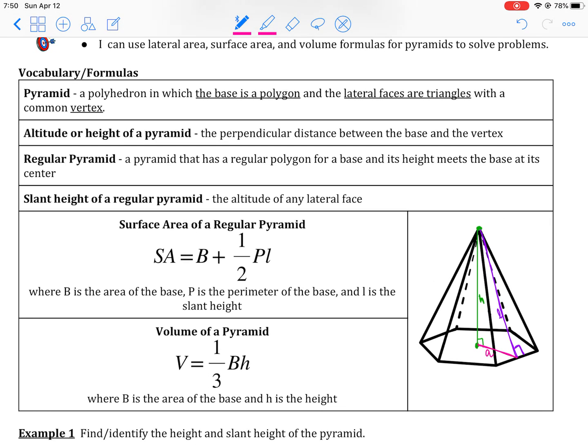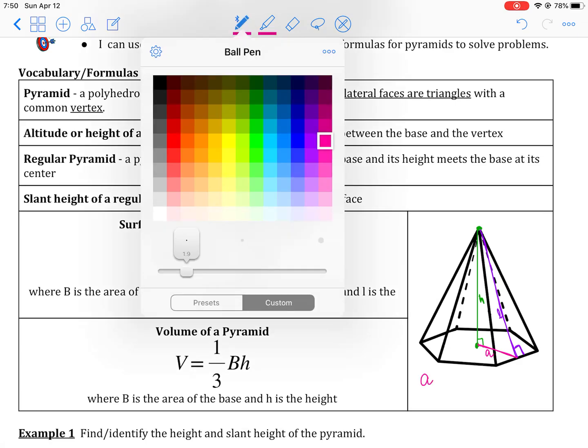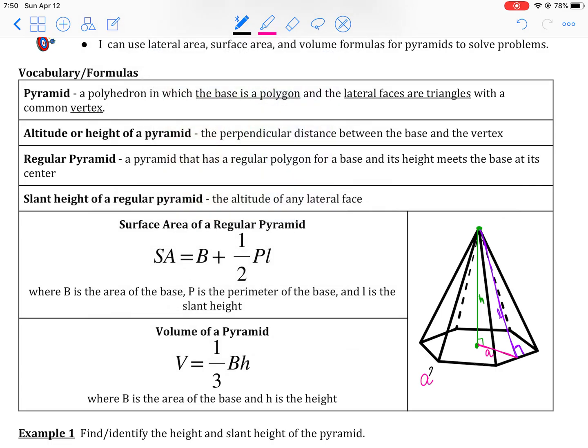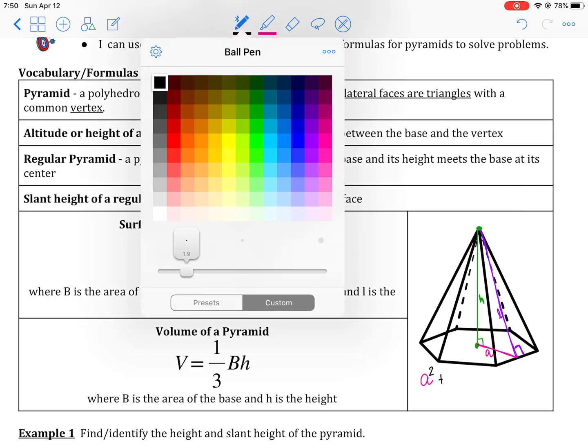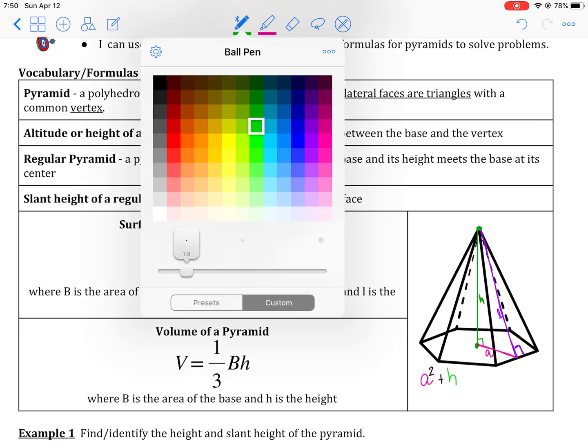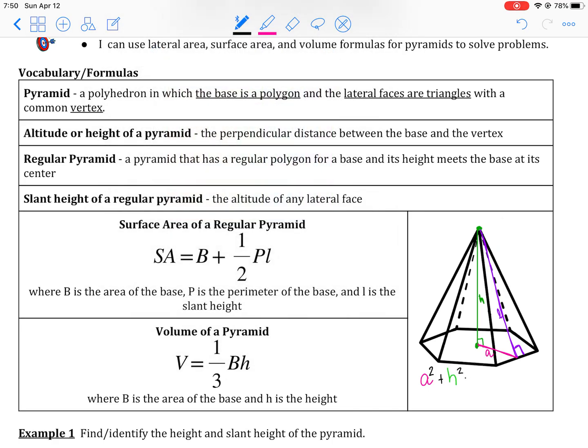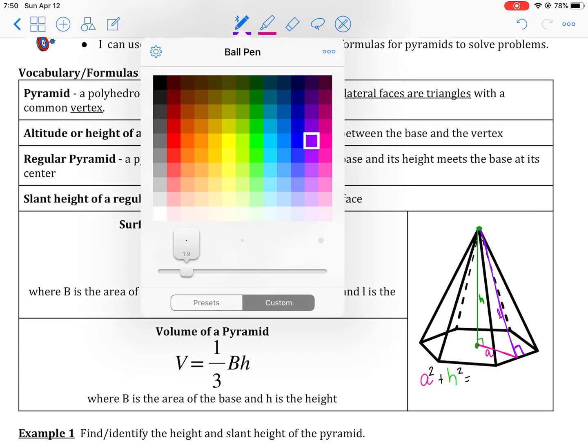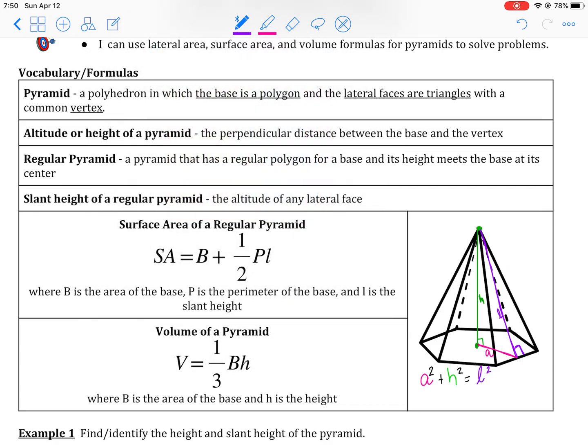One Pythagorean theorem that I can use if I need to find the height, the altitude, or the slant height is a squared plus h squared, because those form the legs of a right triangle, and that would be equal to the slant height squared. So that's one Pythagorean theorem that creates a right triangle.